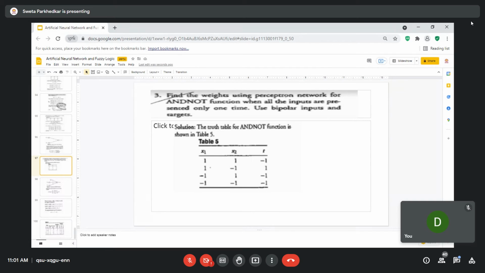Using the bipolar inputs and targets. नॉर्मल न्यूरल नेटवर्क में हम लोग बायस नहीं लगाते हैं. If bias is given only, then in that condition only हम लोग bias लगाएंगे. But in perceptron we need to add bias for the net input.